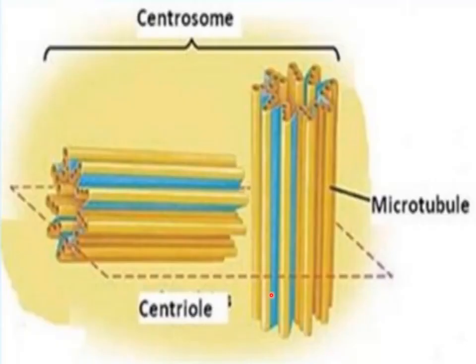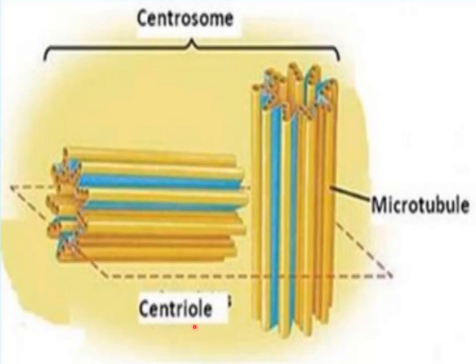Here you can see this is a diagram for centrosome. These are 2 perpendicular centrioles present here. This is one centriole, and this is the second centriole, which is present perpendicular to it, and this complete structure having these 2 centrioles is called centrosome.